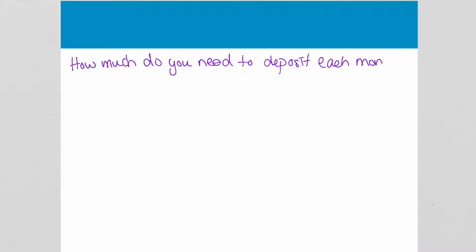So, how much do you need to deposit each month to have $715,000 in 25 years? So we're going to use that same formula, but we're going to be solving for the payment.